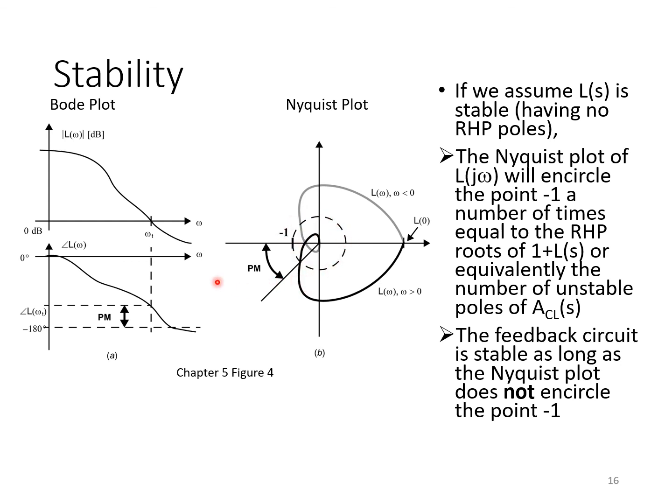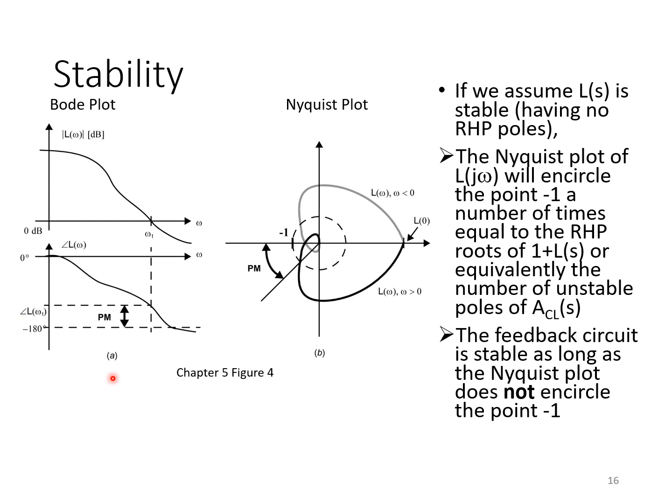And for the simple type of frequency response plotted here on the left, L is monotonically decreasing. So once it crosses within this unit circle, it never goes back out. As long as that happens before we pass negative 180 degrees of phase, there's no way it's going to encircle the point -1, and therefore we'll be stable. So that's what our simple Bode stability analysis is based on.